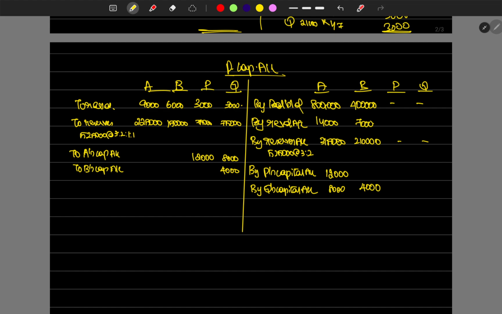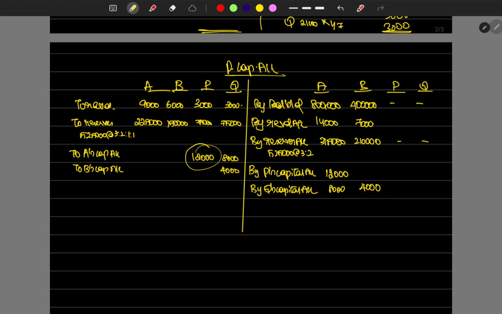So this is the entry. I hope you guys have understood. The thing is, P has paid 12,000 for his goodwill, and A has sacrificed 20,000 worth of goodwill. So we have to partly pay Q's capital to A's account, right? So we have paid that 8,000, and then 4,000 has been sacrificed by B, so 4,000 has been paid to B also.